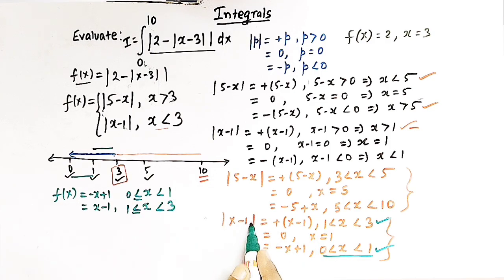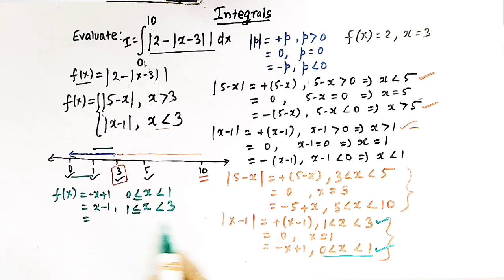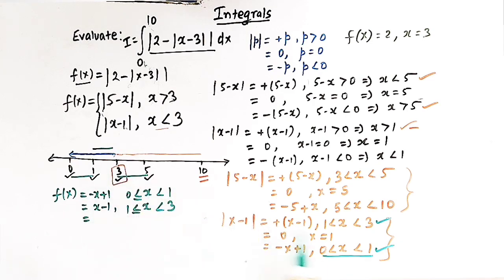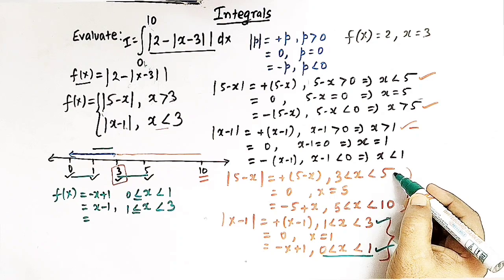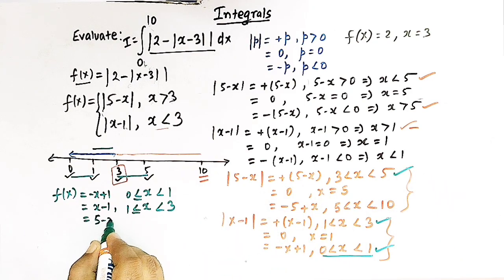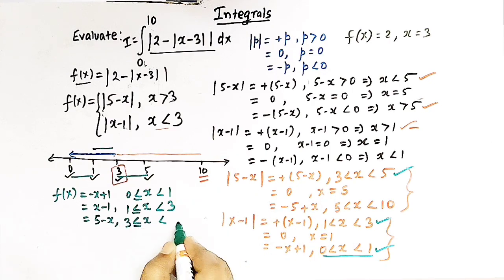Because mod of x minus 1 is equal to x minus 1 when x is greater than 1 but less than 3. And when we have this interval, that is 3 to 5, then we have this one. So we can now write 5 minus x, and here we have x greater than or equal to 3 but less than 5, right?